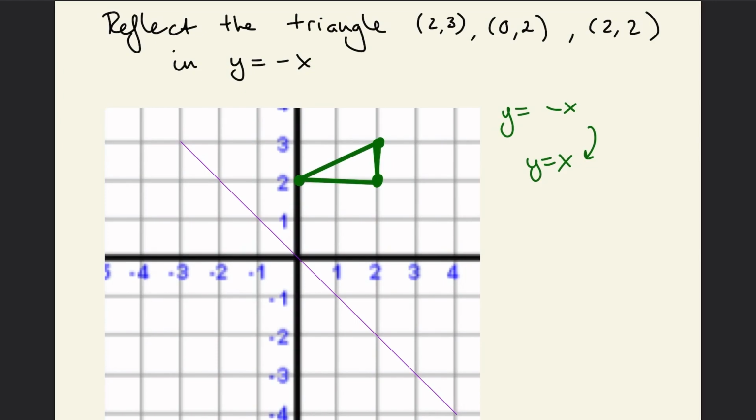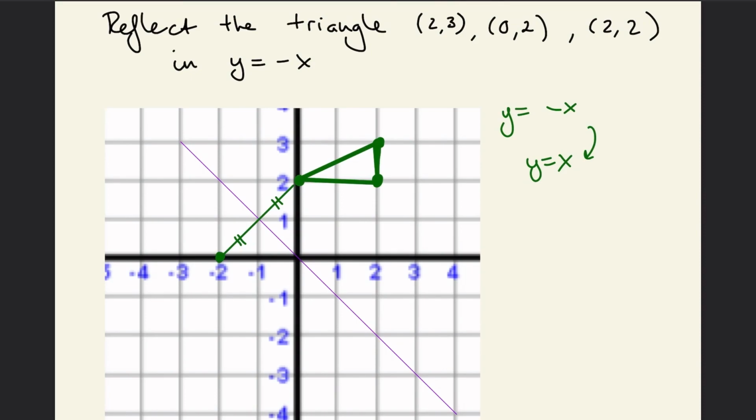So now we can translate each point by moving it along y equals x. And remember how we said that the distance stays the same? So here we have this distance, square root of 2, and so do we here. So then this point gets moved here.